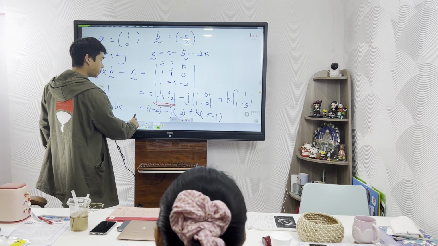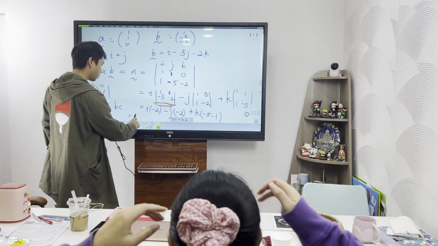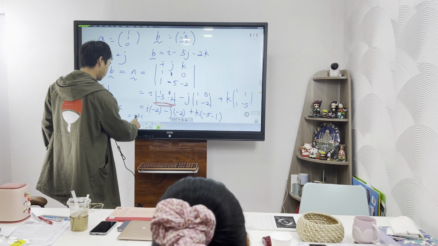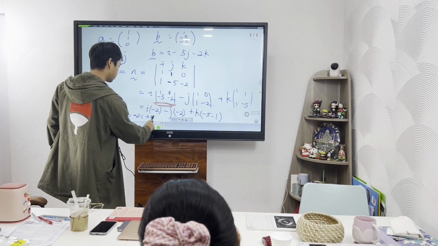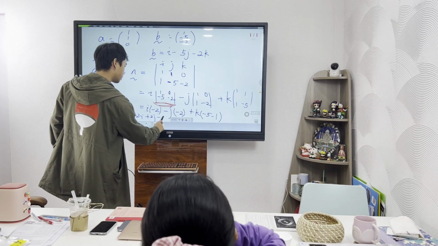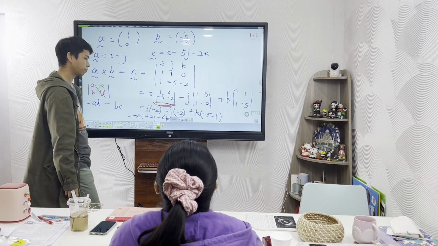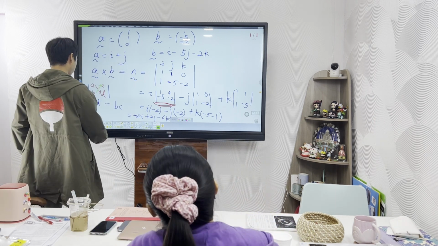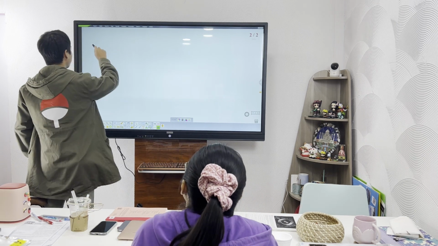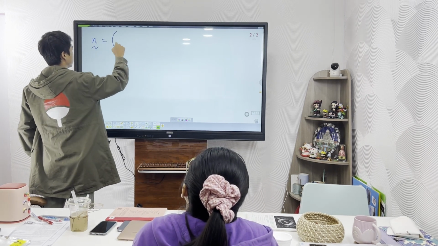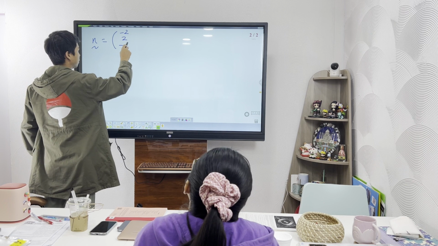Therefore, the final answer will be minus 2i plus 2j minus 6k. Okay, which is the same as n equals minus 2, 2, minus 6.